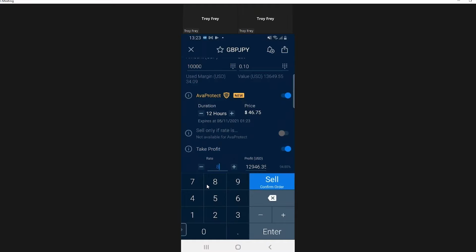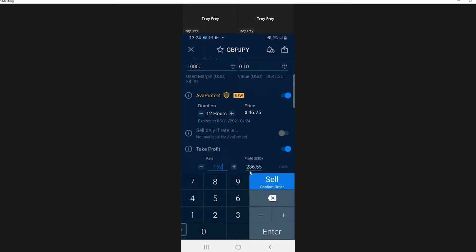If I look at it and I draw some lines, then as I enter my take profit price, 150, immediately we see potential profit. Depending on what you see on the chart, you can go back and put a price that makes sense to you.